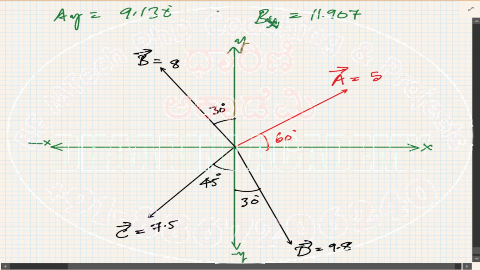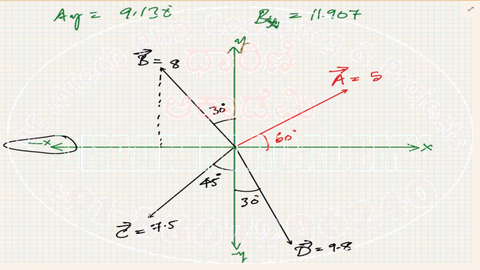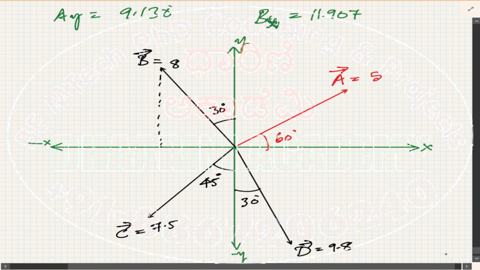But now when it comes to the component vector present in the second quadrant, its component is along which axis? It is along the minus x axis. Whenever something falls on the negative axis, the sign becomes negative.